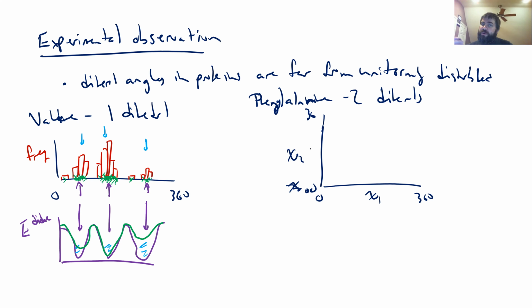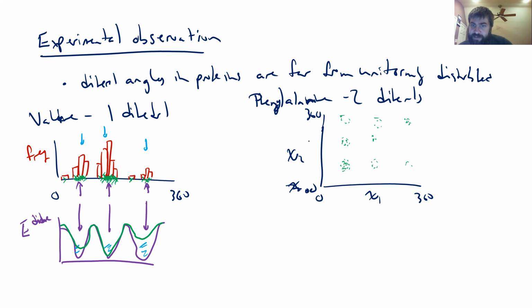Once again, we see a pattern of preferred states, that we see many observations in a few well-defined spots in space.